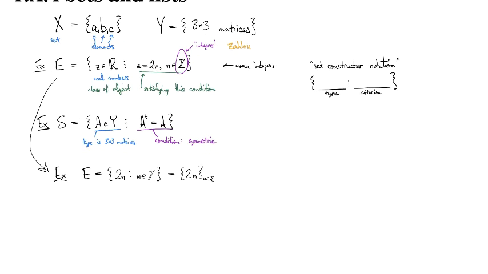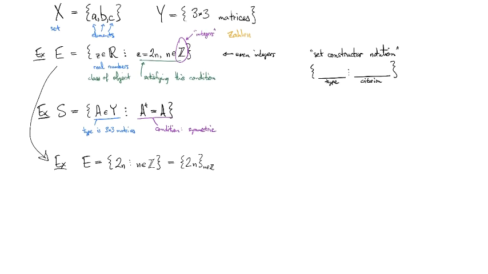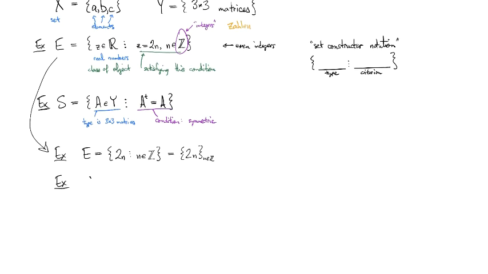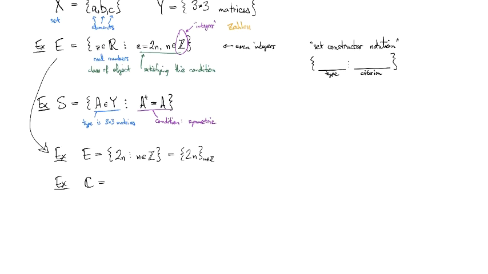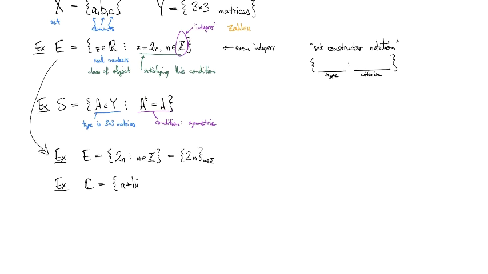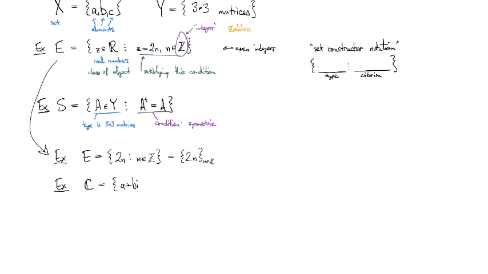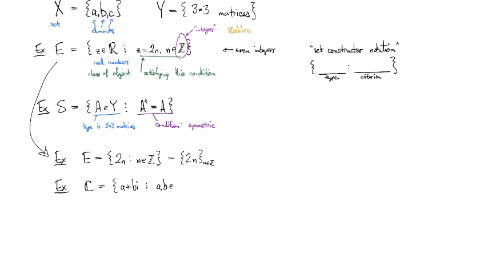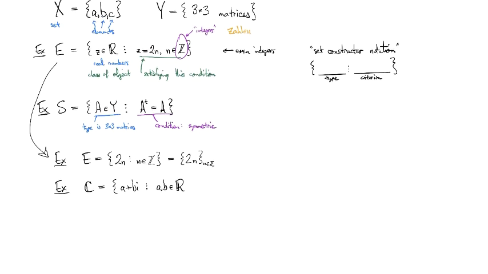Okay, so the example that I gave you in a previous clip was that the complex numbers look like all numbers of the form a plus bi, such that a and b are real numbers.